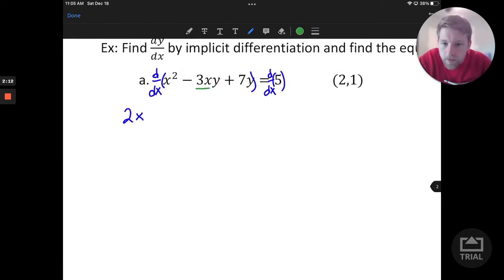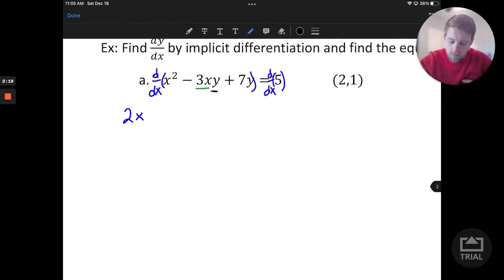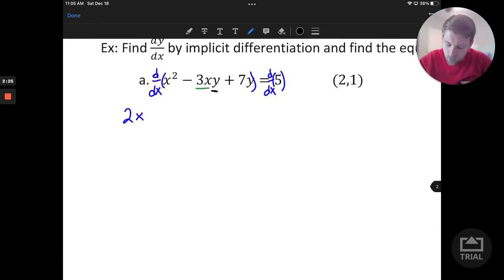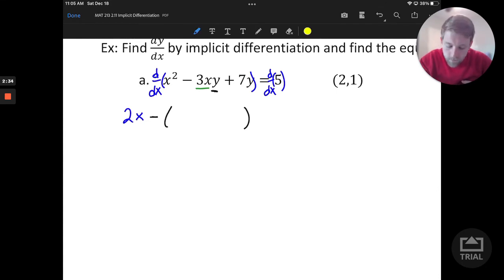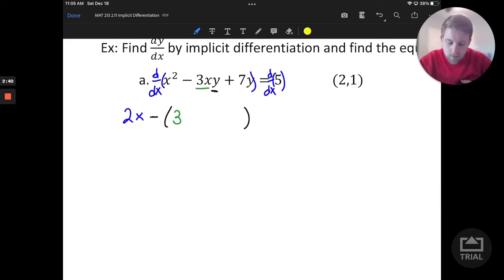So we'll have a 3x term and a y term here. To make this a little bit easier, we'll pull this negative sign out, and we're going to do the product rule right in here. That first term, 3x, let's consider first. The derivative of 3x is going to be 3 times the second term, which is the y.